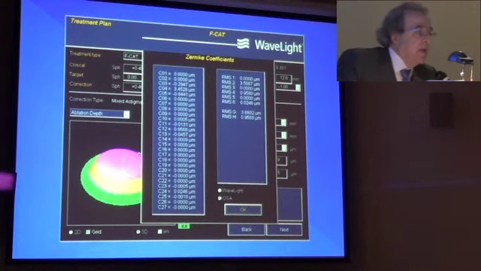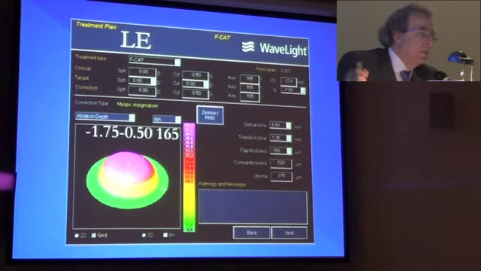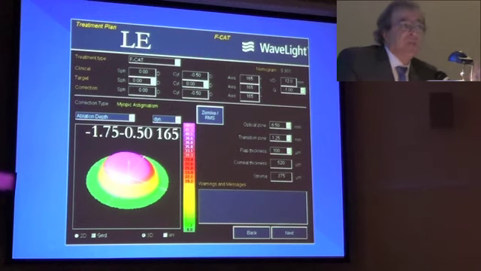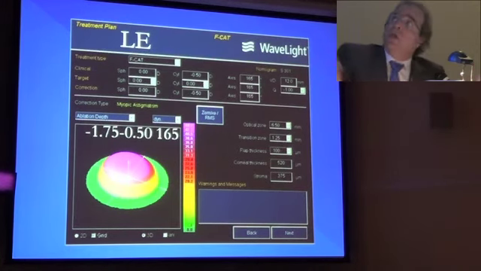In this case, in the left eye, you can see the refraction minus 1.75 and the correction with the Allegretto 0, and we correct only 0.50 astigmatism, but the ablation and the focus are similar.